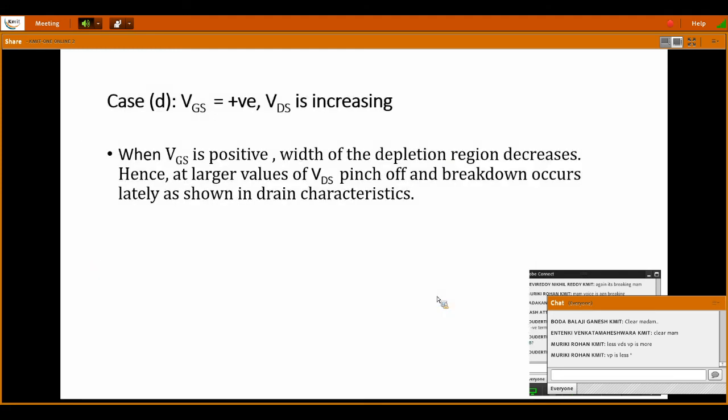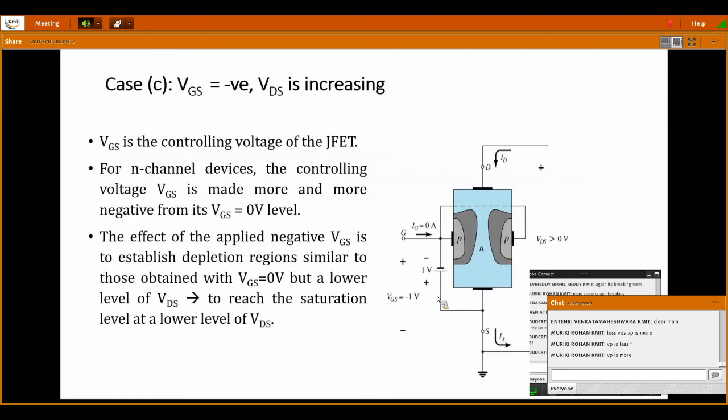And the last case, that is VGS is positive and VDS is increasing. VGS positive means what? It is like going to the forward bias case, means increasing beyond 0 level. So if VGS is increased over 0 voltage, then we require still more VDS. Means pinch off will be available at greater voltages of VDS.